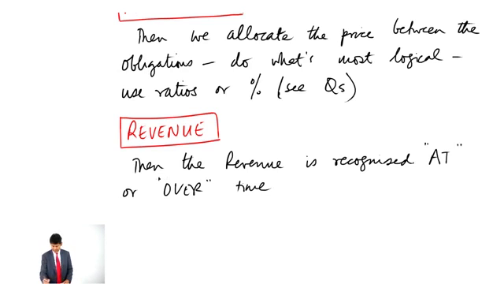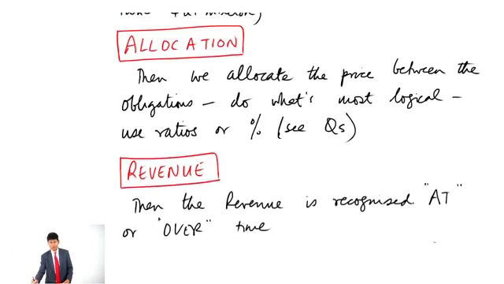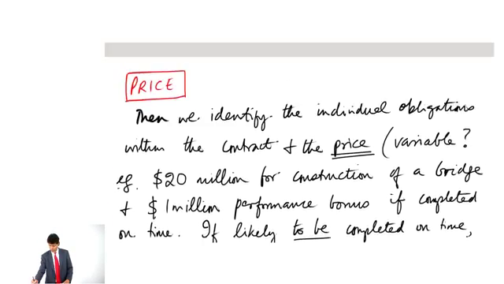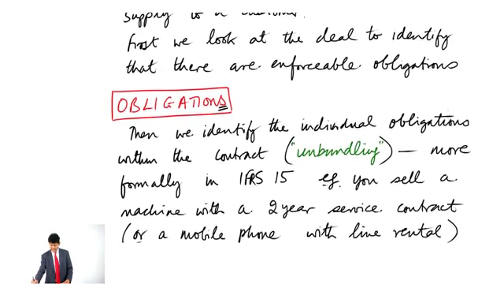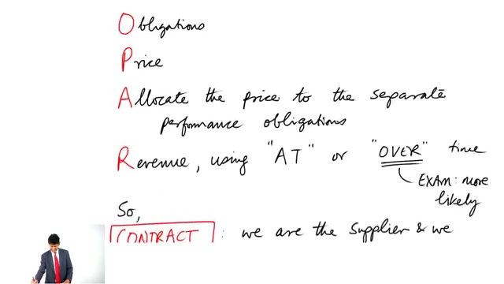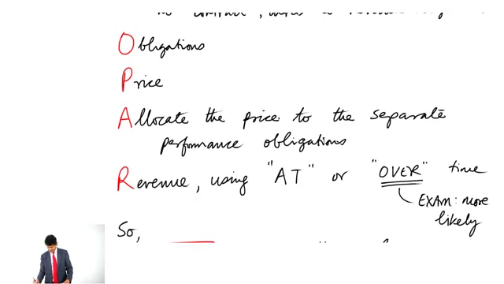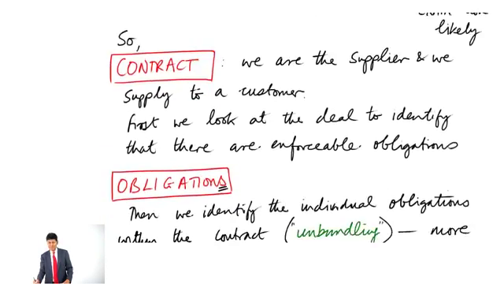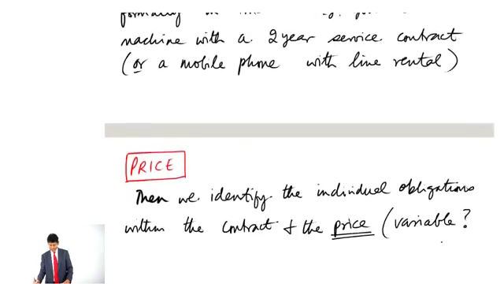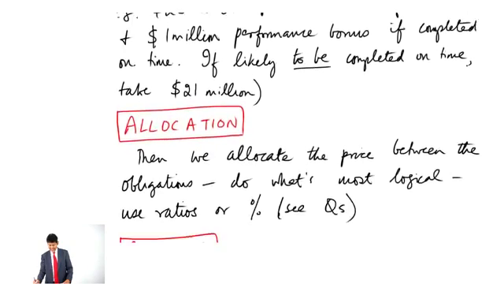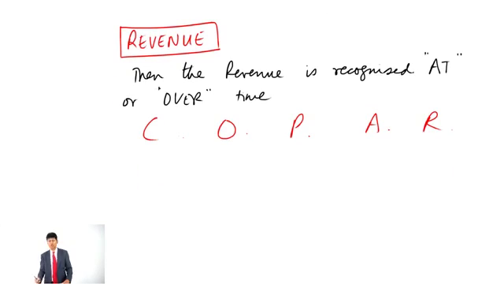And so you have the famous COPA. Keep it up your sleeve, don't show it to the examiner. He doesn't like you to reveal mnemonics. He assumes you're so clever you don't need mnemonics. But we use lots. We go for the oral technique. We do CUD for tax, etc. So there we are. Contract, obligations, price, allocation, and revenue. COPA. Do remember that.